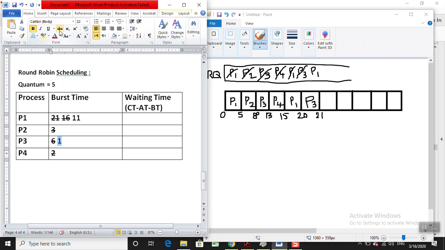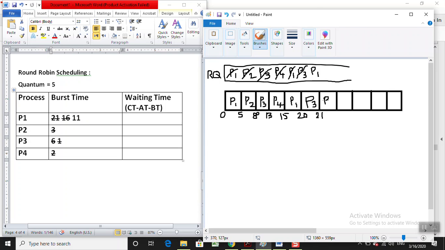There is only one process left, P1, which has 11 milliseconds left. It will run until completion, that is 21 plus 11, which is 32 seconds.